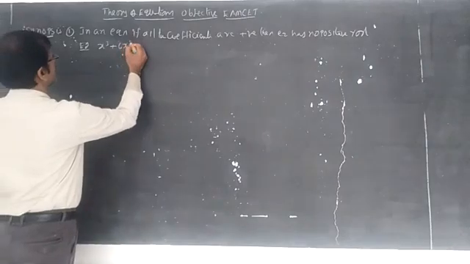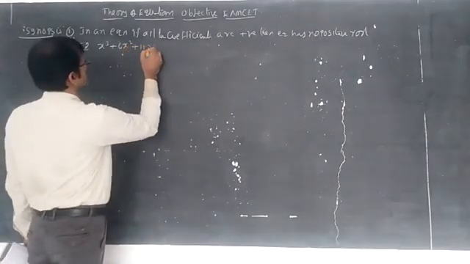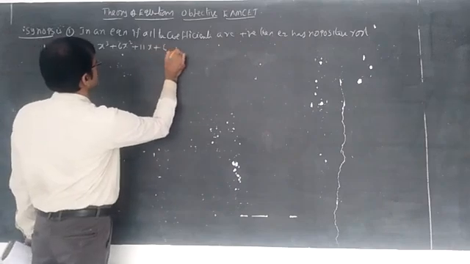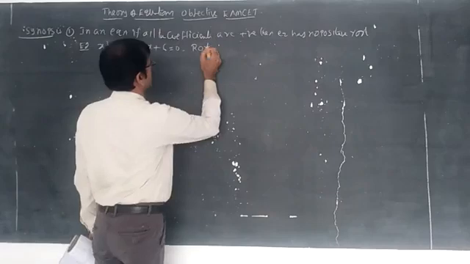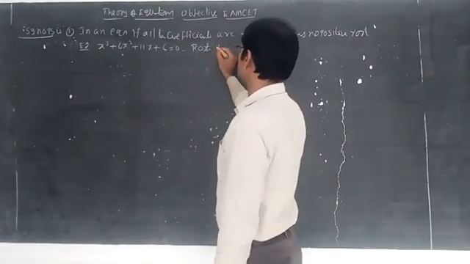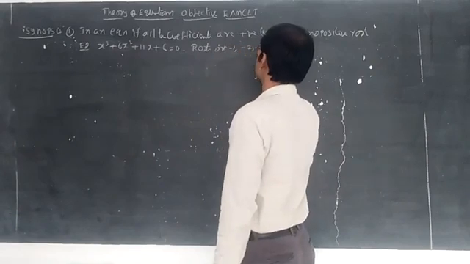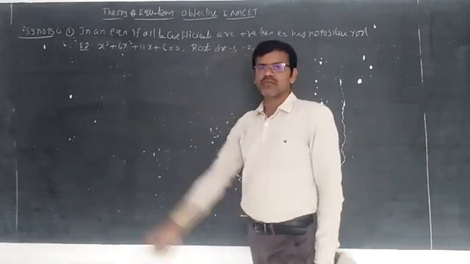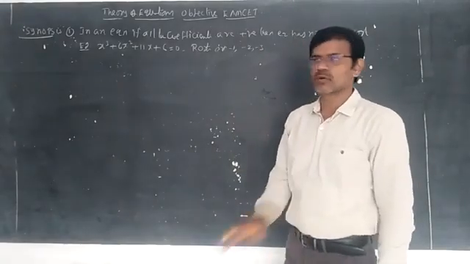Example, take x cube plus 6x square plus 11x plus 6 is equal to 0. Here you can observe by trial and error method and synthetic division method, directly I am writing that the roots are -1, -2, -3. Here every coefficient is positive but roots are negative. There will be no positive root.